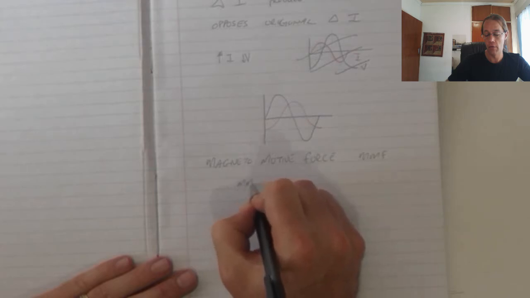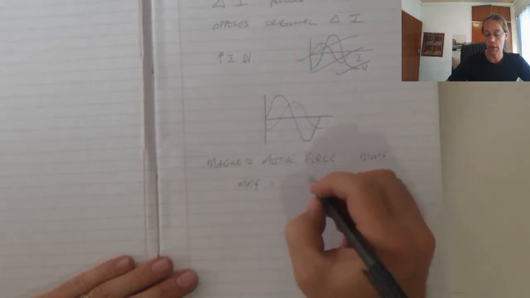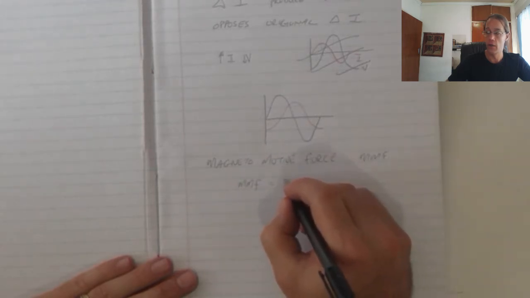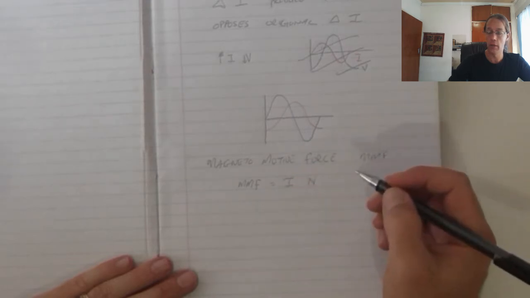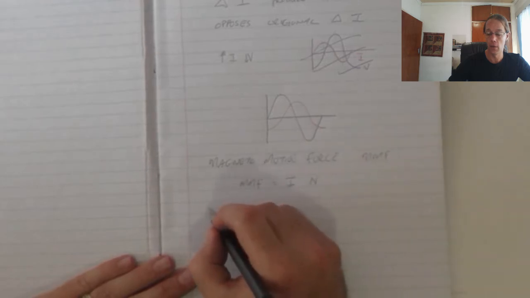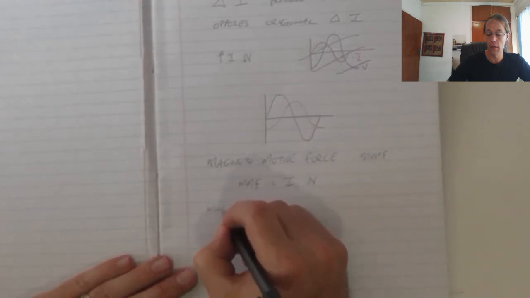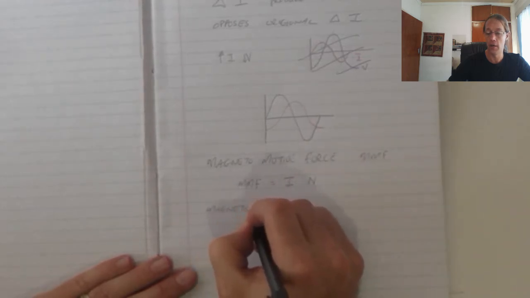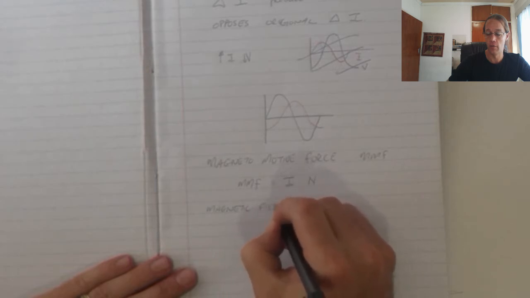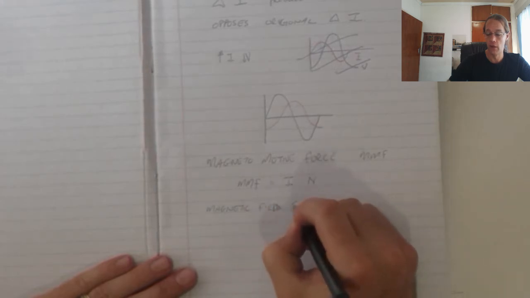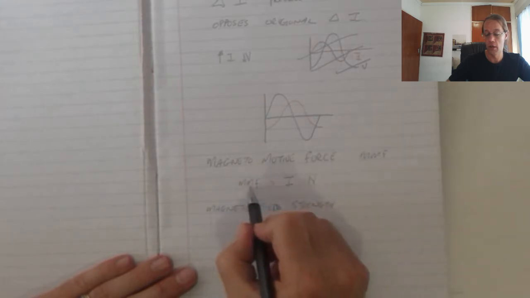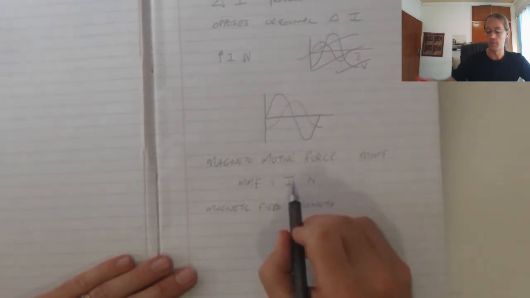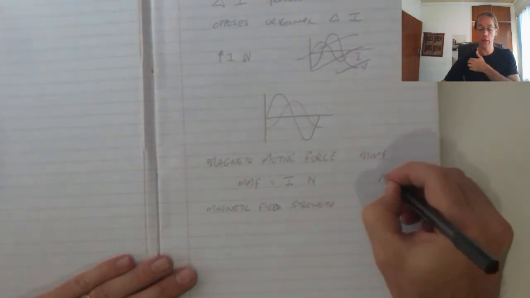So MMF is basically the product of my current and the number of turns. My magneto-motive force is measured in ampere turns.